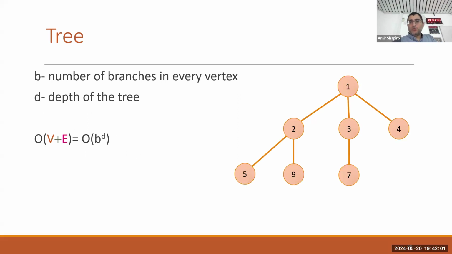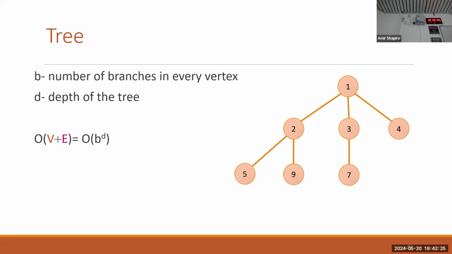I told you that we will discuss a tree. A tree is a special case of a graph. A tree is a graph with no cycles. So you can see a tree has a root and has branches.